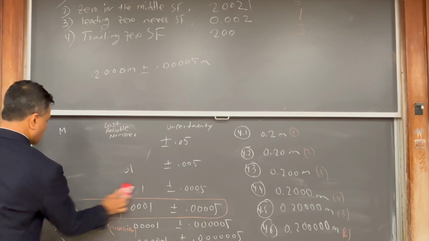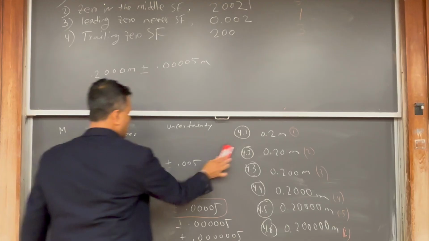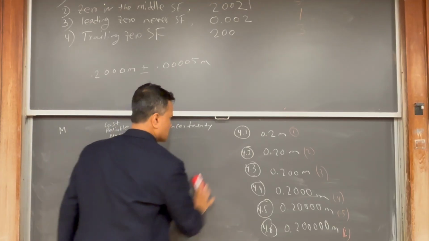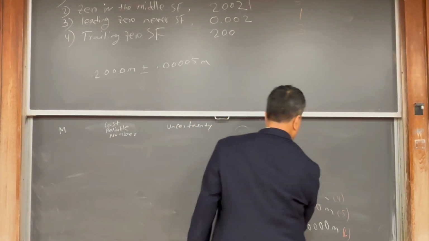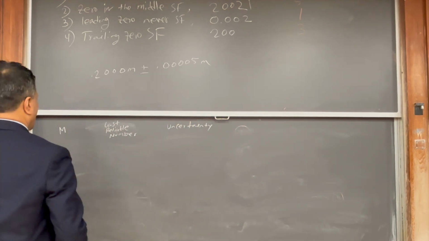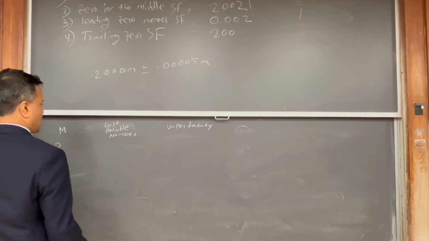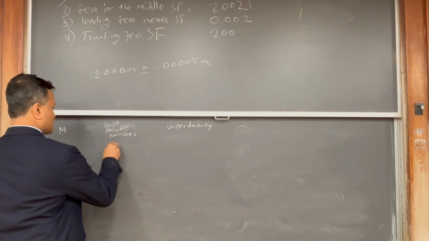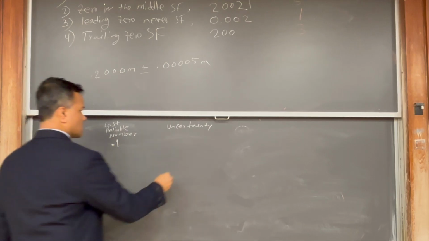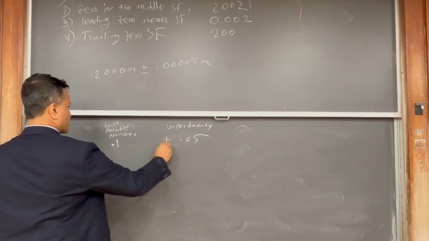So you get the hang of it. Measurement is 0.2. Last reliable number is 0.1, uncertainty 0.05, plus minus.